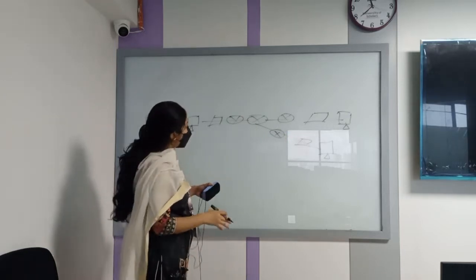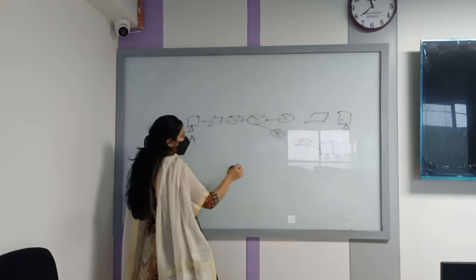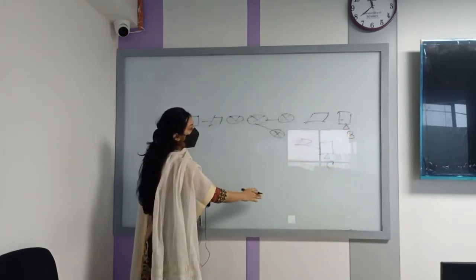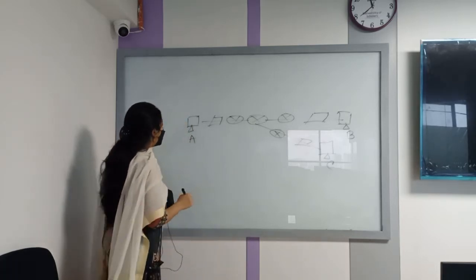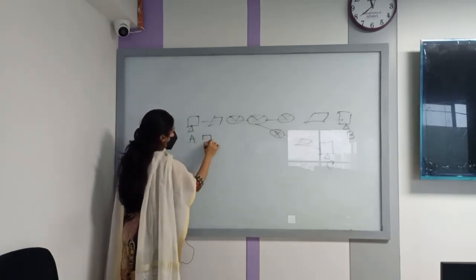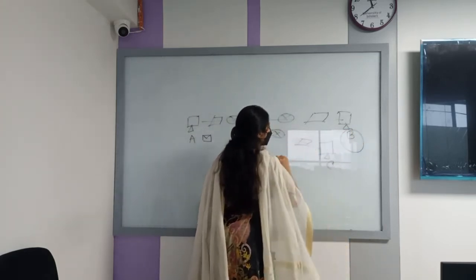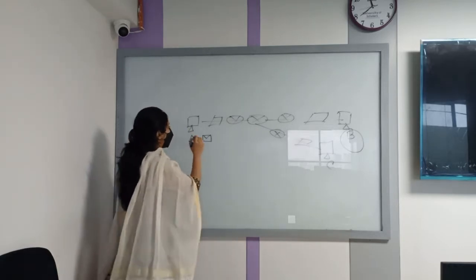So here you can see we have a network and users A, B and C, three users, connected with this network. Suppose now A wants to send a message to B. Now how will the message be sent?